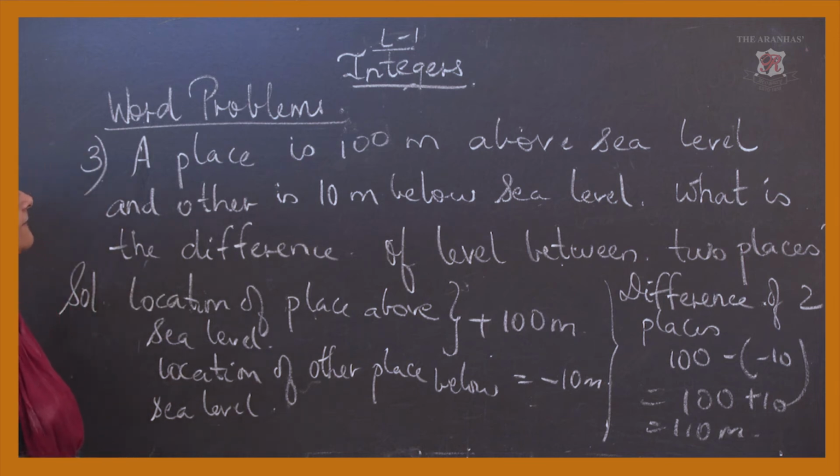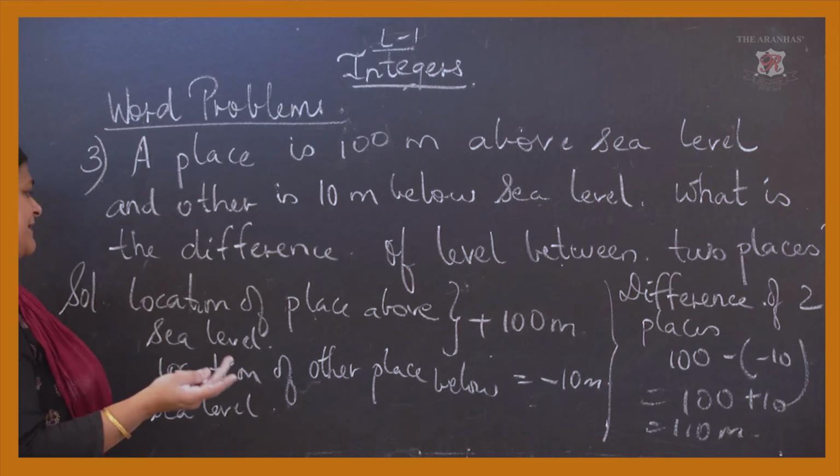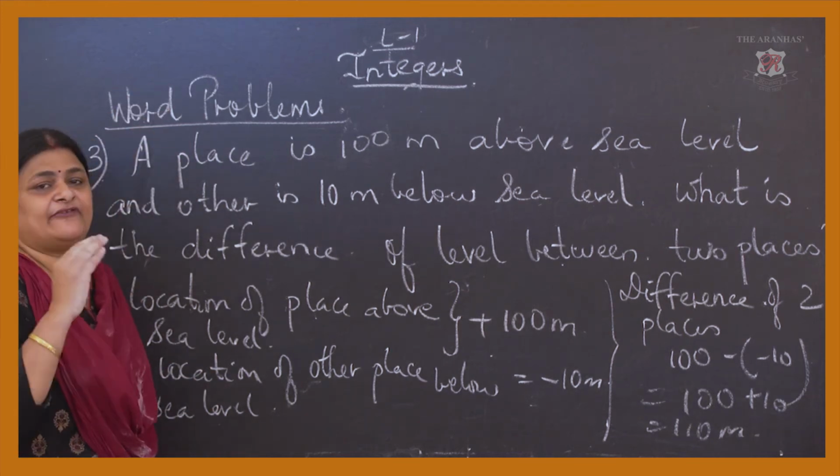Okay, so now here the place is 100 meters above the sea level, and the other is 10 meters below the sea level. You have to find the difference between the two levels of the two places. I have told you above the sea level is plus, below the sea level is minus.